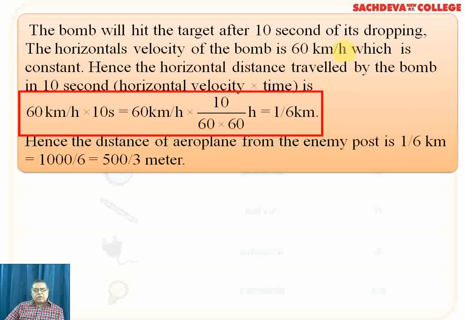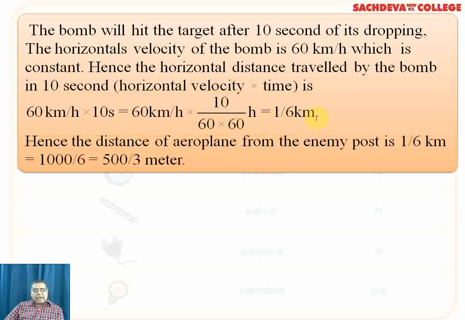The horizontal velocity is 60 kilometers per hour multiplied by time, as we have calculated earlier. So it is 10 over 60 into 60, that is in hours, and it is calculated as 1 over 6 kilometers. Hence, the distance of the aeroplane from the enemy post is 1 over 6 kilometers, and we can convert it to meters. That is 500 over 3 meters.